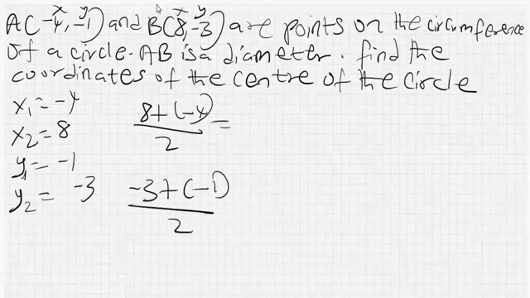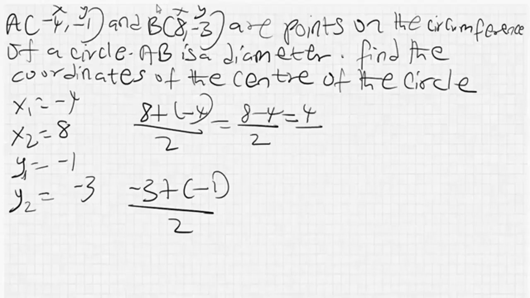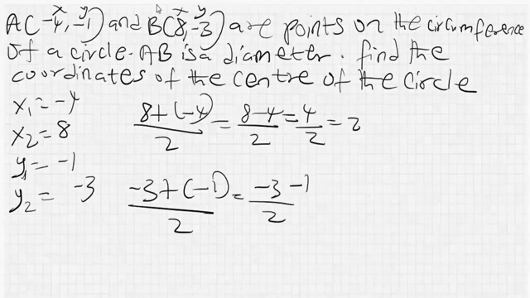So when you simplify it, plus times minus will give us minus. This is something like 8 minus 4 over 2, which is 4 over 2, which is 2. This one is -3, and plus times negative will give us negative. So this is -3 minus 1 over 2, that's -4 over 2, which gives us -2.